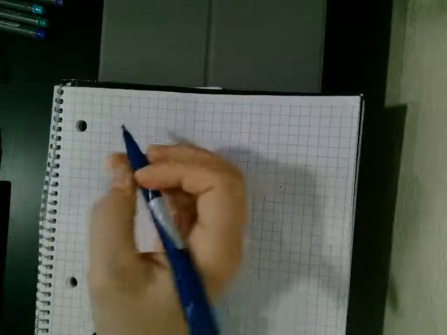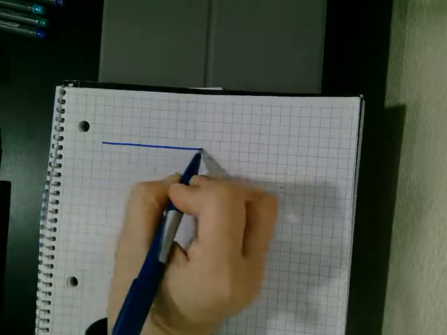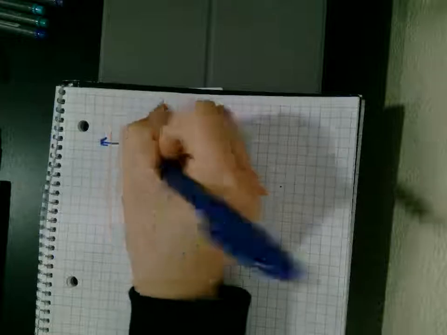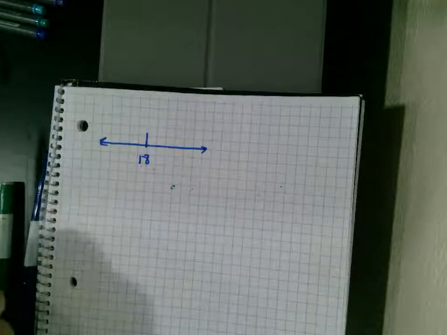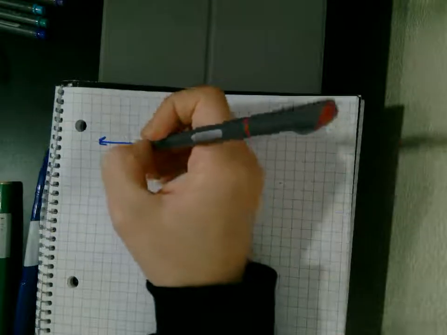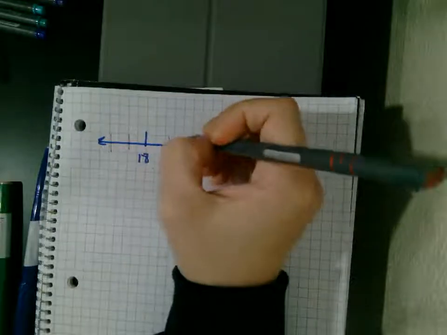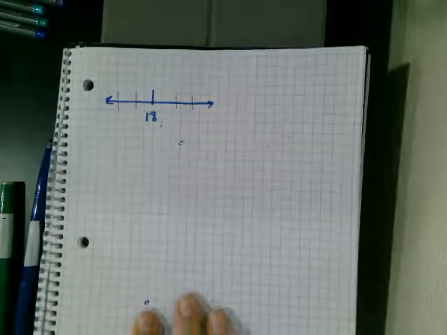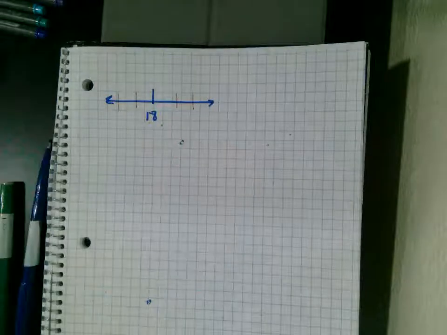Let's do one. Draw a number line. I'm going to put 18 in the middle, two numbers below it and two numbers above it, please. Try to finish that before I do.